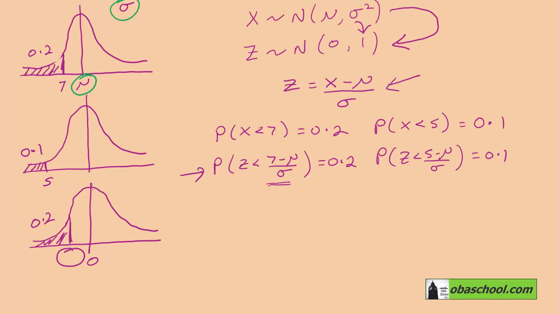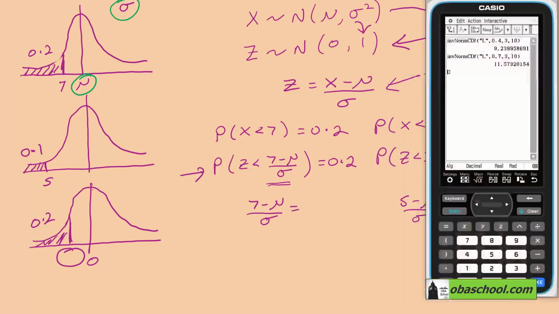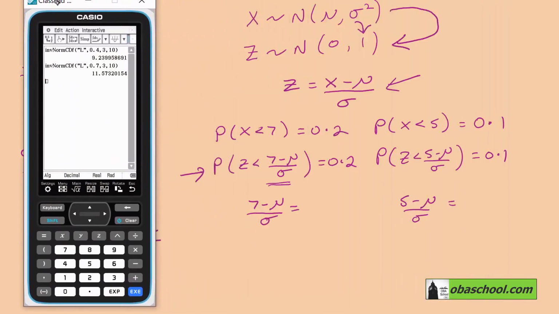And as we saw in the previous example, we can do that using an inverse normal app. So we've got 7 minus mu over sigma is going to be equal to some value, and then we'll do the same over here, but use 0.1.